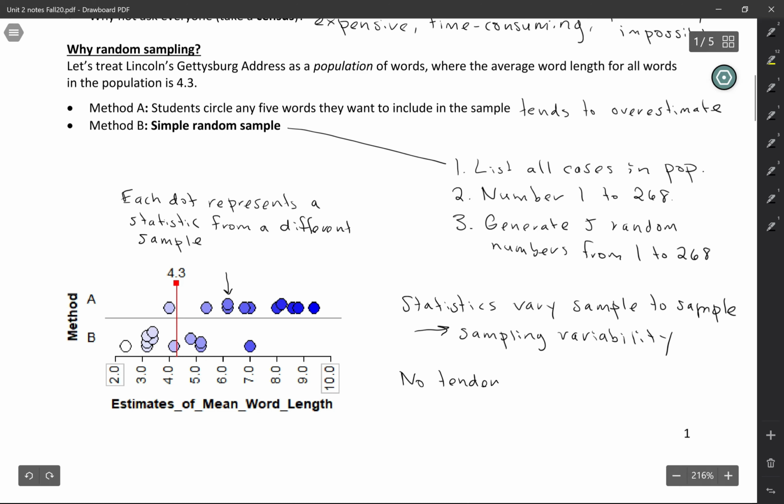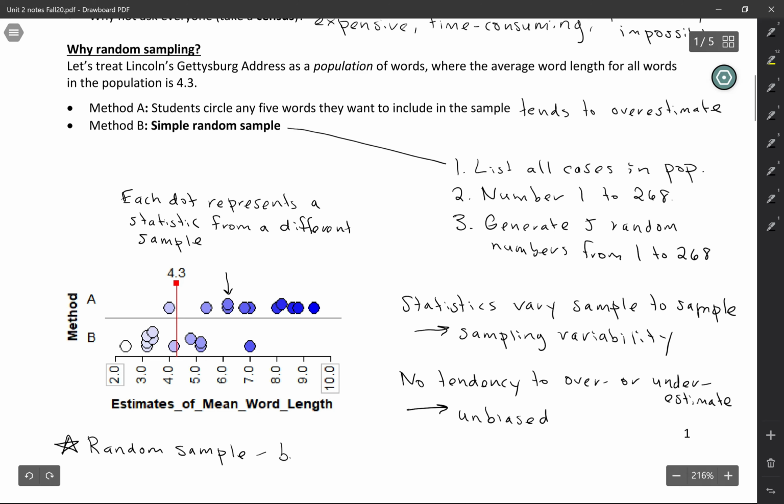Some were too high and some were too low, but no tendency to over or underestimate. And if there's no tendency to over or underestimate, that's called an unbiased sampling method. So ultimately, that's why we like to use random samples. Random samples are unbiased.